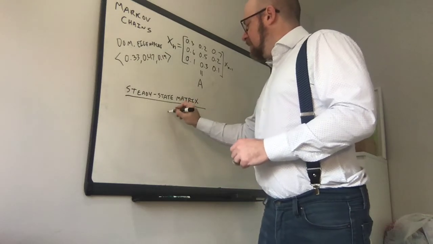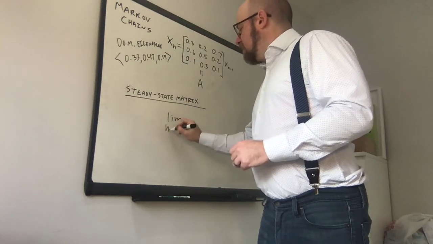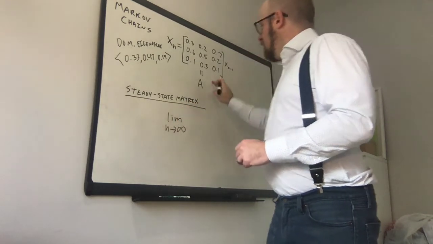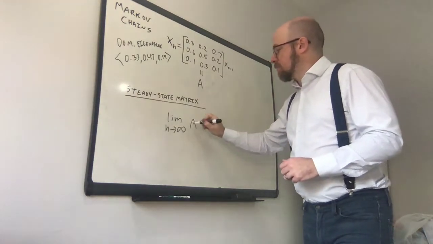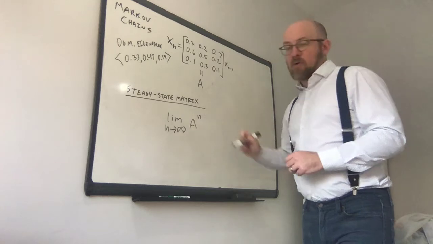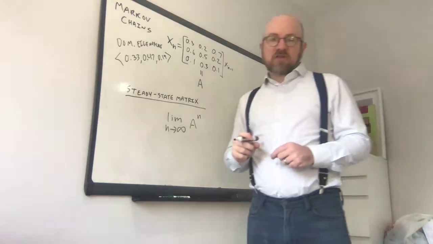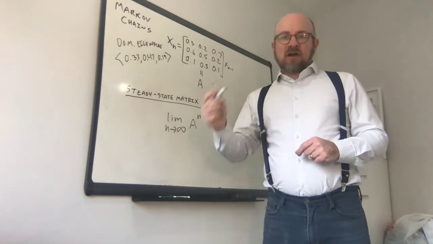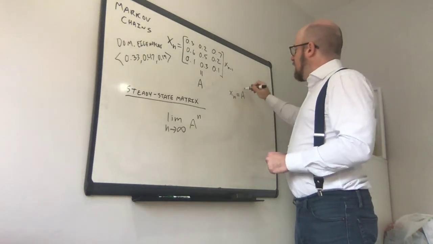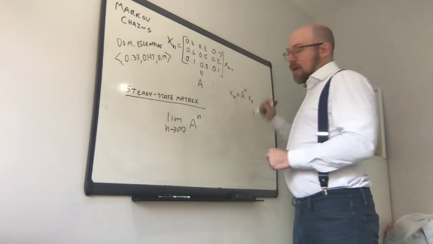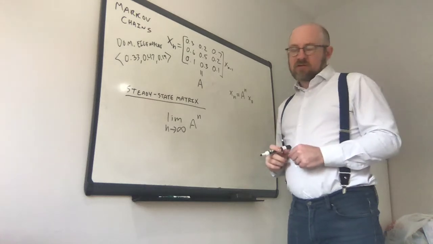This is just the limit as n goes to infinity of this particular matrix A to the nth power. Remember when we talked about state diagrams, we talked about how x sub n is A to the n times whatever our initial value was, right?